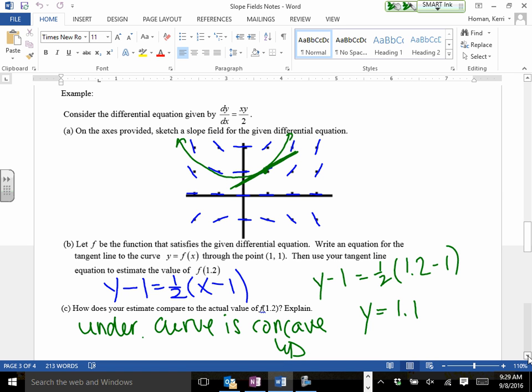If we didn't have this picture, we would actually have to find the second derivative, plug in our point, and see if it was concave up or concave down. So thank you, slope fields. All right, now, the further away we get from our coordinates, the less accurate tangent lines are. Do you agree?